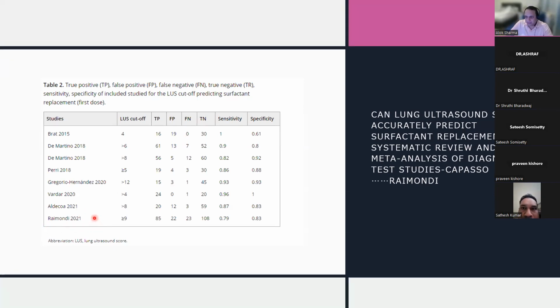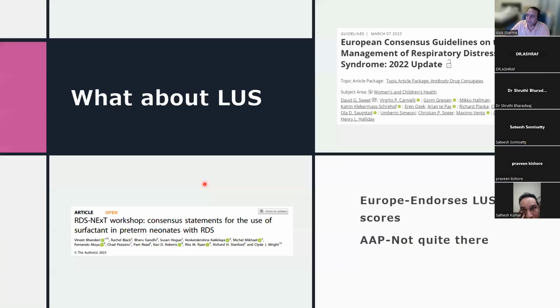And really, they did the meta-analysis, which came to the conclusion that when you look at early studies, if you're using Bratt's method or anterolateral scoring in a standardized way using a scoring system of 0 to 3, then a score of more than 8 has the best sensitivity and specificity for the administration of the first dose of surfactant if you suspect a baby has RDS clinically. So these studies really are very important.